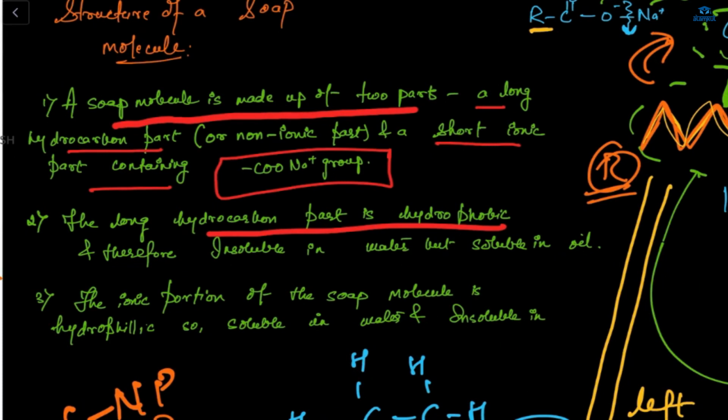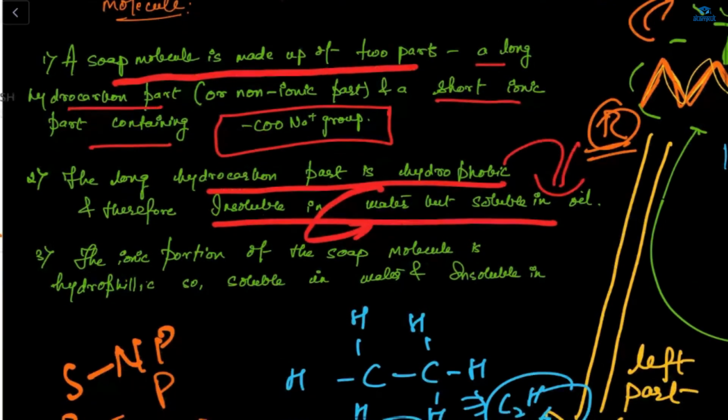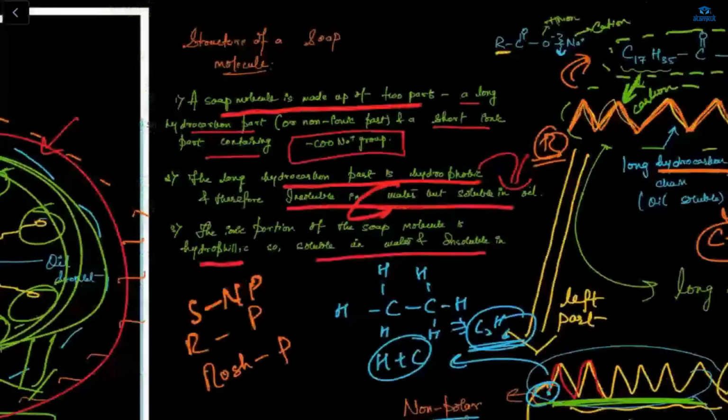Hydrophobic, you must have heard hydrophobia, means fear of water. Hydrophilic means attraction towards water. So the hydrophobic part is insoluble in water, because it is afraid of water, but it is soluble in oil. Now the ionic portion of the soap molecule is hydrophilic, so it is soluble in water and insoluble in oil.